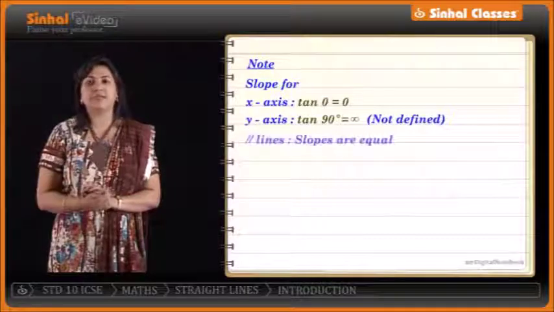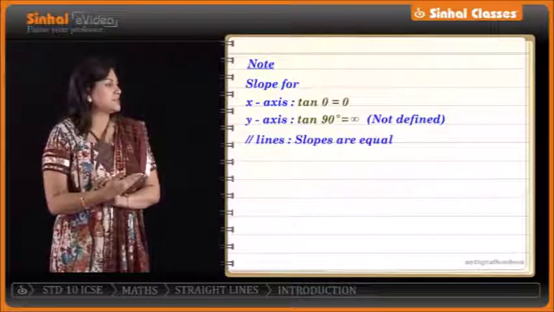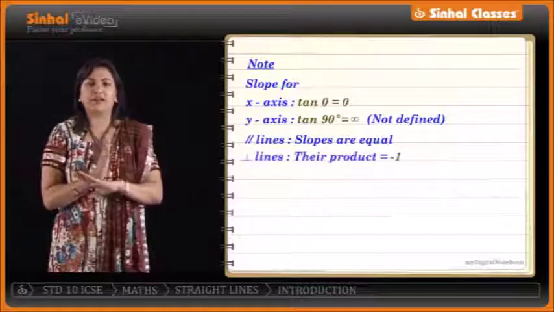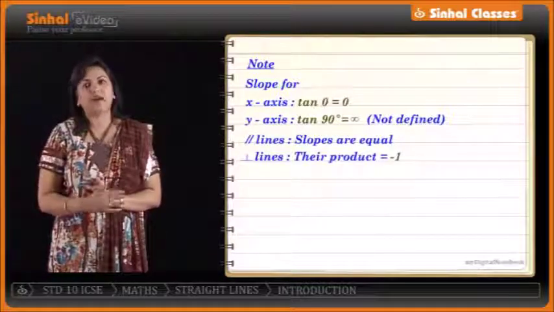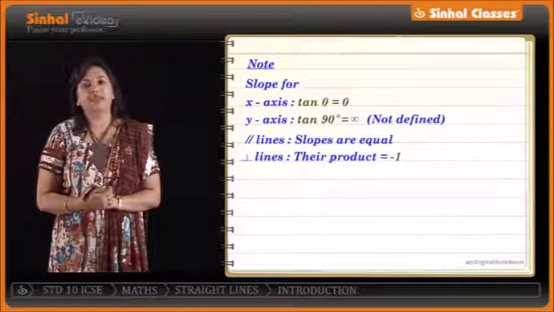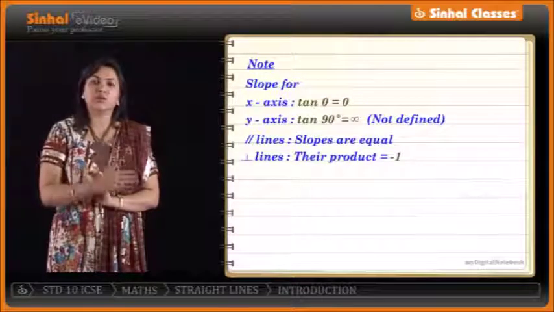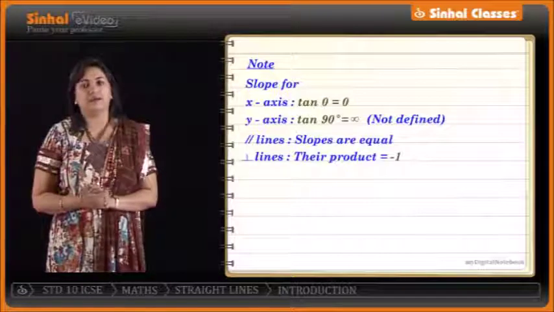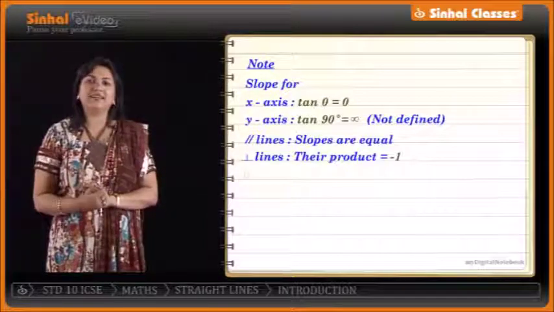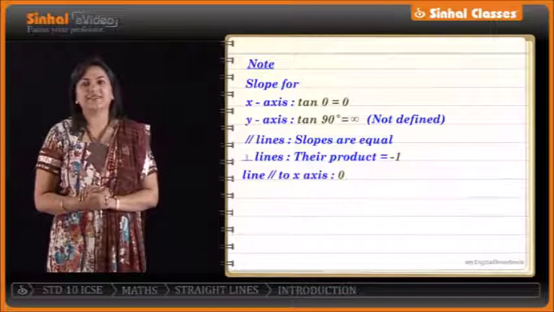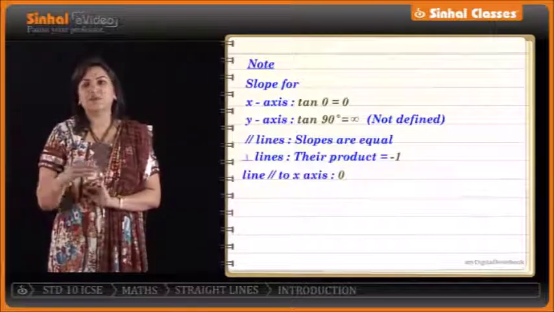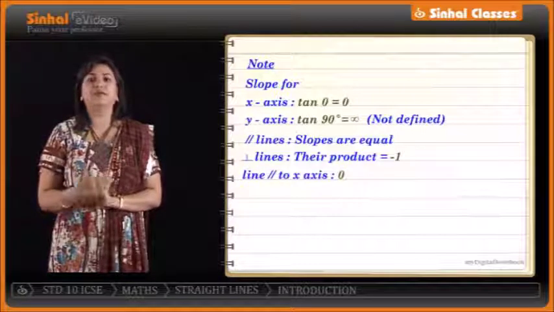Now if two lines are parallel, then their slopes will be equal. And if two lines are perpendicular, then the product of their slopes is -1. That is, one slope is the negative reciprocal of the other. Now what if a line is parallel to the x-axis? Then its slope will be again 0, because the slope of the x-axis is 0.